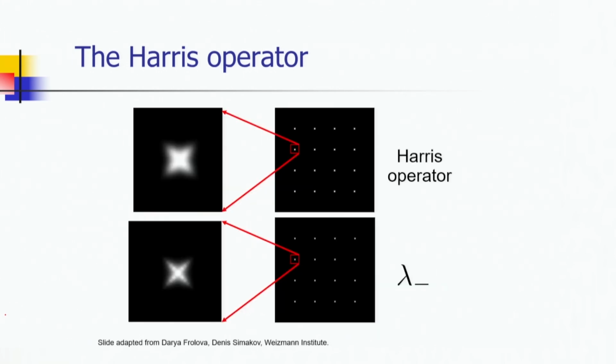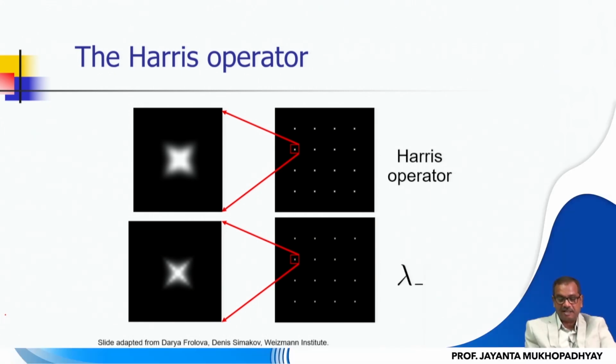Let me show an example once again of how these two are related, the minimum eigenvalue and the Harris operator. This is the distribution for the minimum eigenvalue and this is for the Harris operator. They are quite similar distributions considering a particular neighborhood.